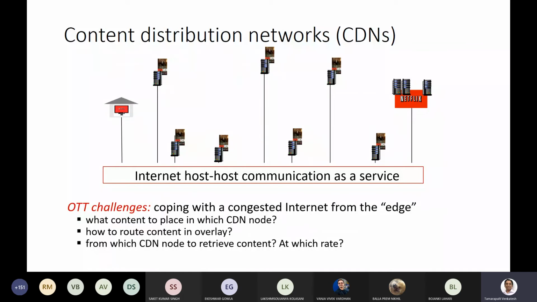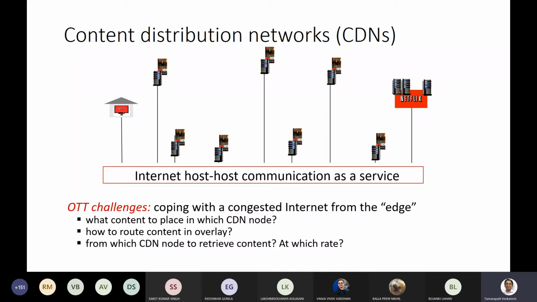So when you serve this content over a CDN or over the top, you are trying to essentially cope with the congestion in the internet as perceived from the edge nodes. There are multiple issues here. One is, since you have decided to have multiple replicas, which content to place in which CDN node?